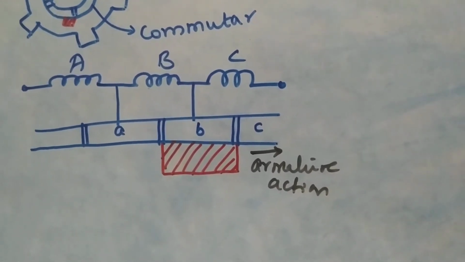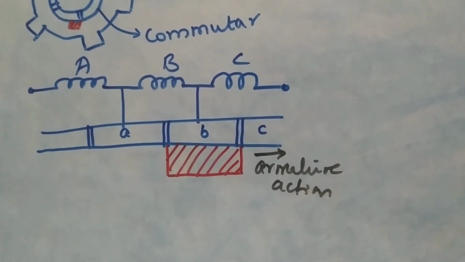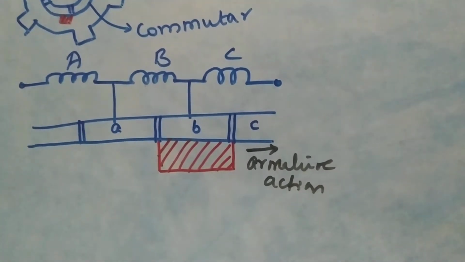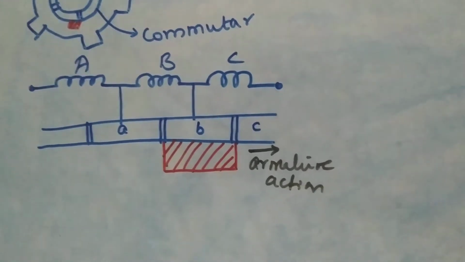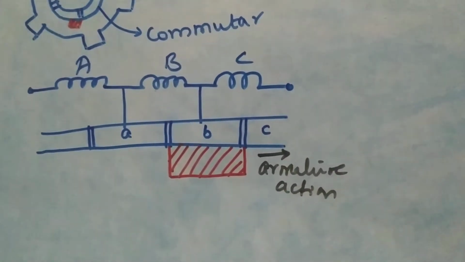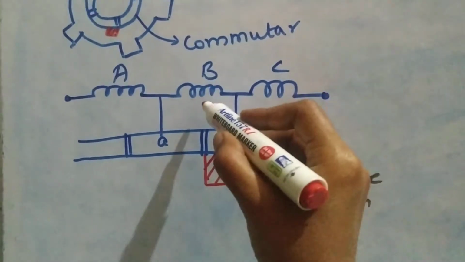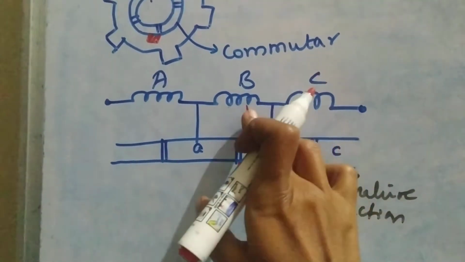Whereas in actual practice the width of the brush is usually more than that of the commutator segment, so that more than two coils are simultaneously short circuited at each brush. So in this figure you can see that coil B is about to be short circuited.